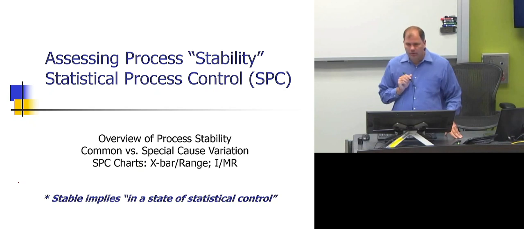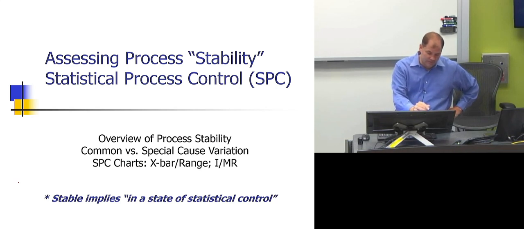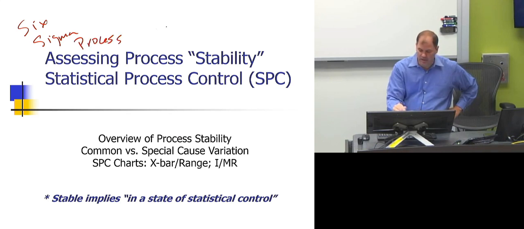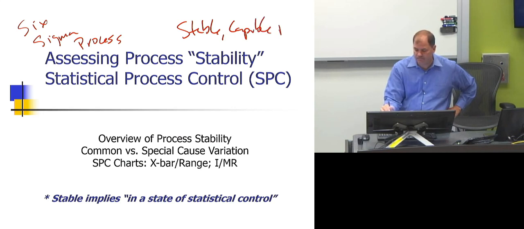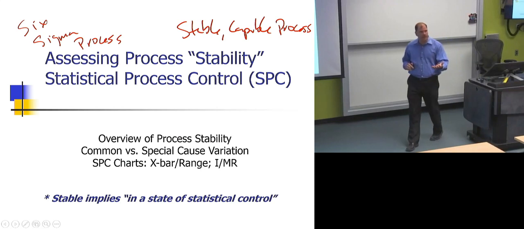As we recall from one of our original modules, the goal of a Six Sigma process is to be a stable, capable process. The word capable means in specification.